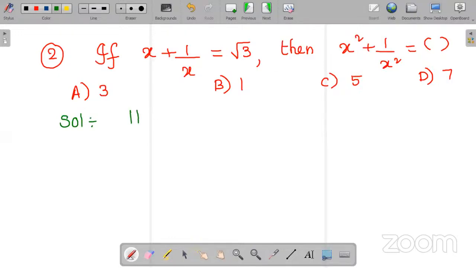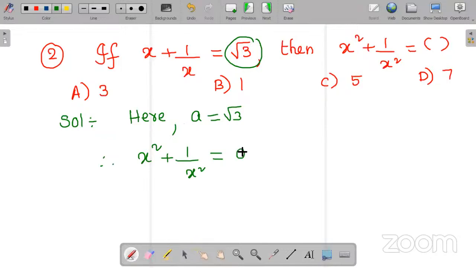Here a is equal to root 3 because x plus 1 by x is equal to root 3. So we need x square plus 1 by x square. x square plus 1 by x square is equal to how much? a square minus 2. That will be root 3 square minus 2.